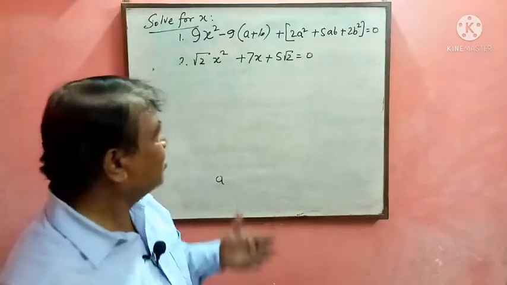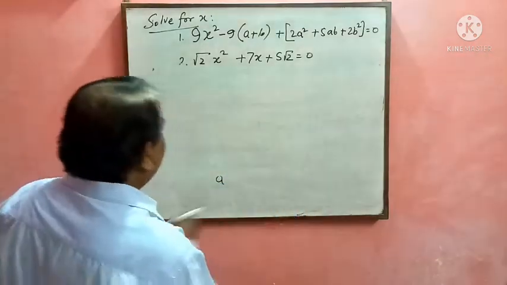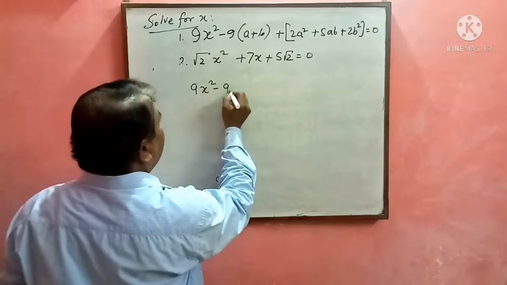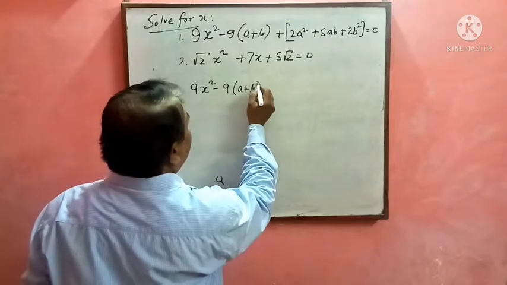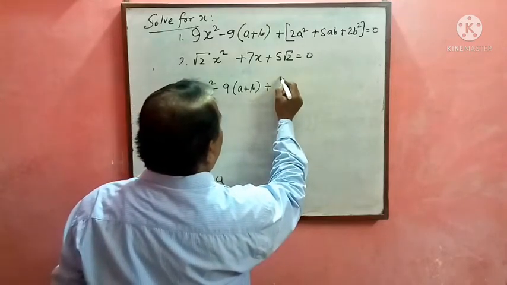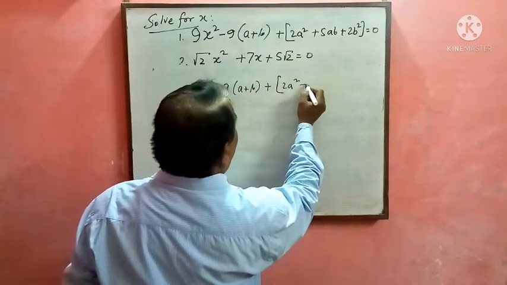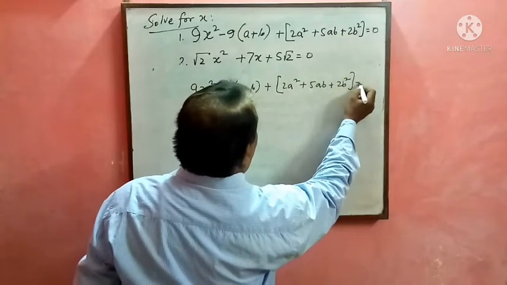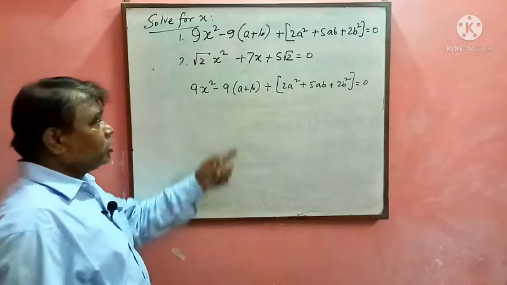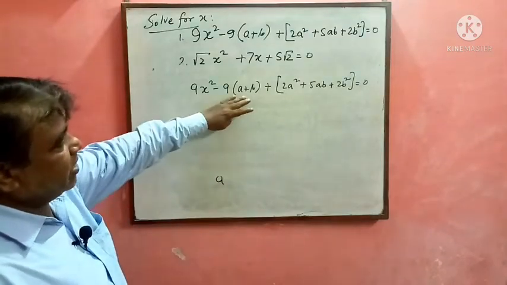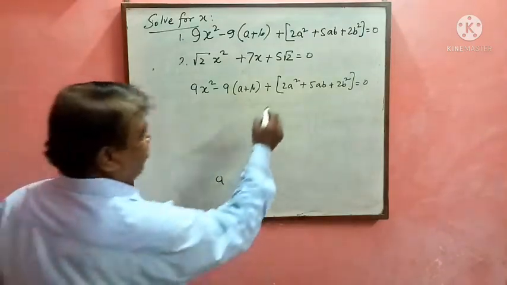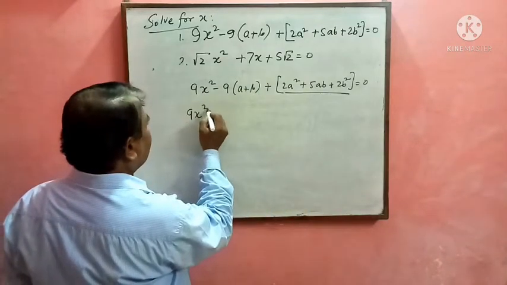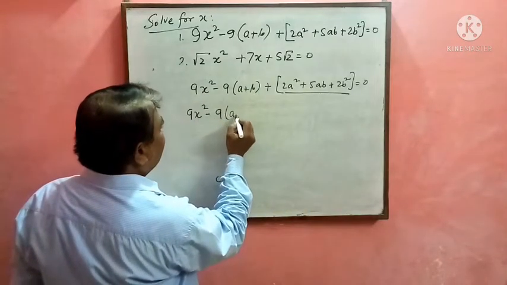So here, let's take 9x square minus 9 into a plus b into x plus 2a square plus 5ab plus 2b square. You need not bother about this one, let it be here. First of all, you factorize this.